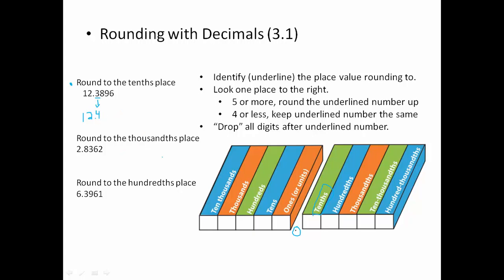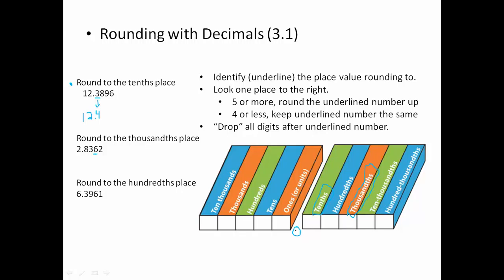Let's take a look at this next one. Round to the thousandths place. So I'm going to take a look at my place value table, and I'm going to find the thousandths place. Well, it goes tenths, hundredths, thousandths. So the thousandths place is this third digit after the decimal point, to the right of the decimal. So looking at my question, I'm going to underline the third digit to the right of the decimal.